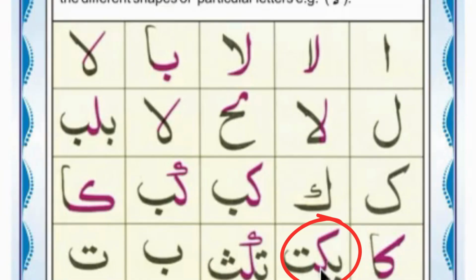It is the middle shape of kaf. Repeat after me. Ba, kaf, ta. Next is ta, kaf, sa.